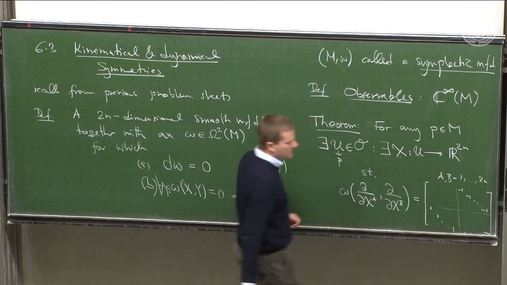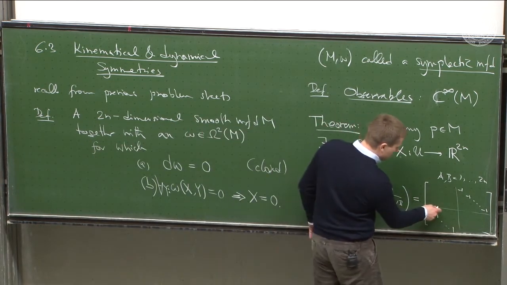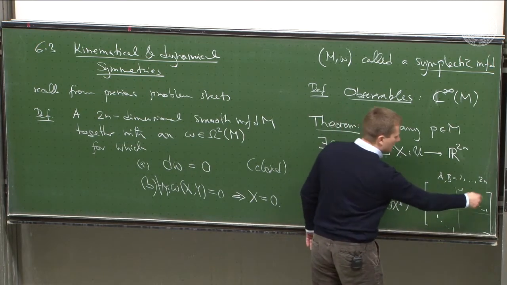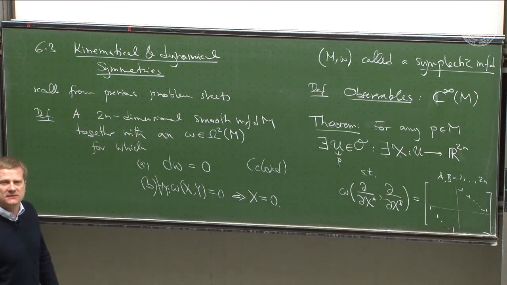And all the remaining entries are 0. And I indicated here 2 blocks where each block has the size n. So in total, this is a 2n by 2n matrix.